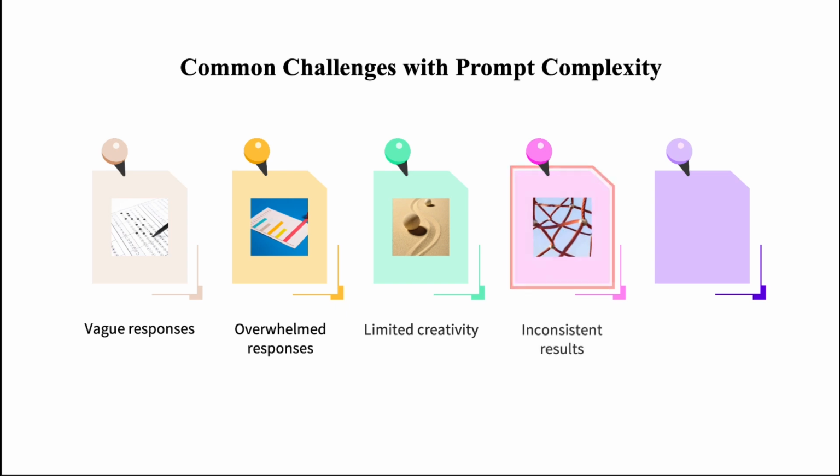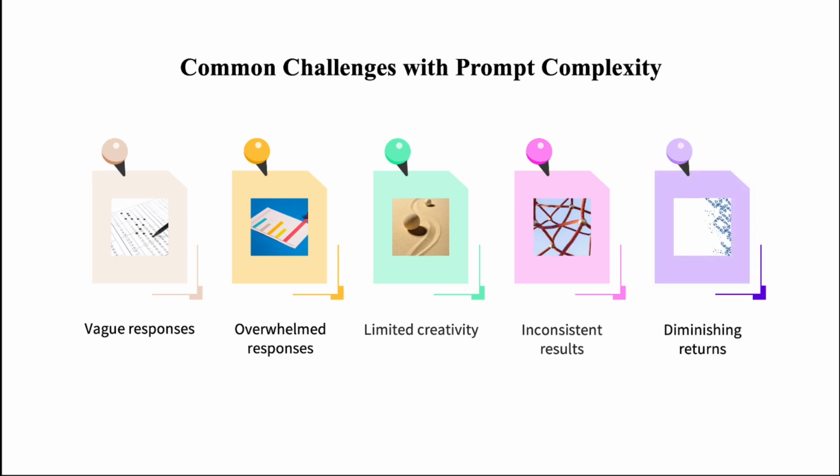Fourth, inconsistent results. High prompt complexity often leads to different outputs each time. This happens because the AI assistant may interpret parts of the prompt differently with each request, making responses less predictable. Finally, diminishing returns.